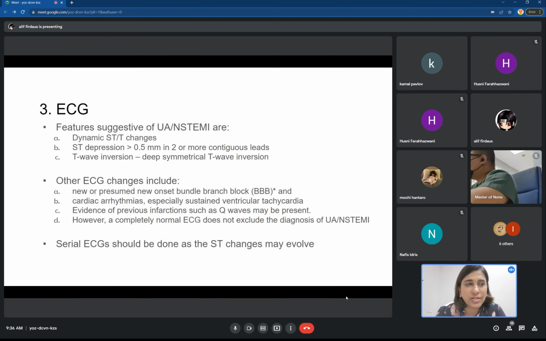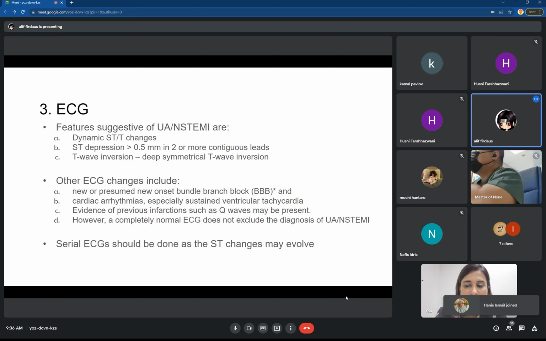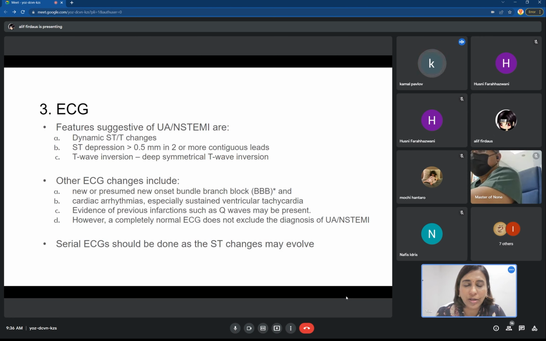Okay, kenapa PVC ni penting sangat? What will the PVC lead to? Arrhythmia. Arrhythmia apa tu? Common. Atrial flutter.